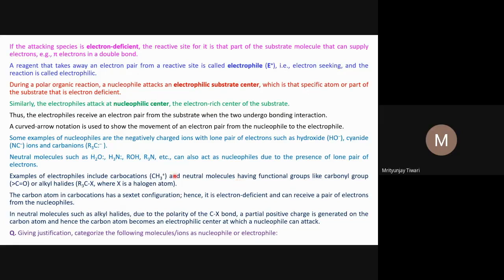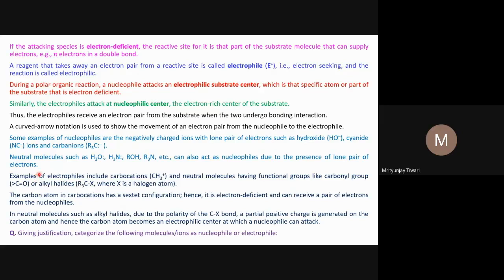For example, if you remember the carbonyl compounds, aldehydes or ketones, there is a carbonyl bond, C double bond O. Because of the higher electronegativity of oxygen, the shared pair of electrons shifts towards oxygen, and so the carbon center gets some partial positive charge. Because of the creation of a partial positive charge at the carbon center of the carbonyl group, this carbon center behaves as an electrophile.